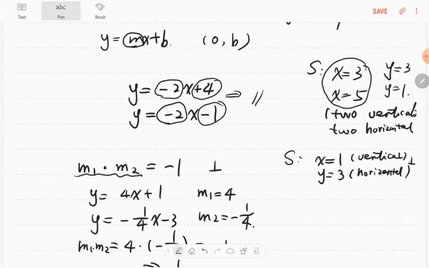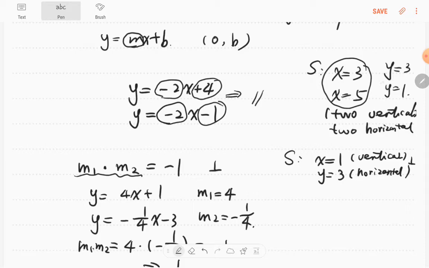Two vertical lines are parallel to each other. Or you have two horizontal lines, something like y equal to 3, y equal to 1.